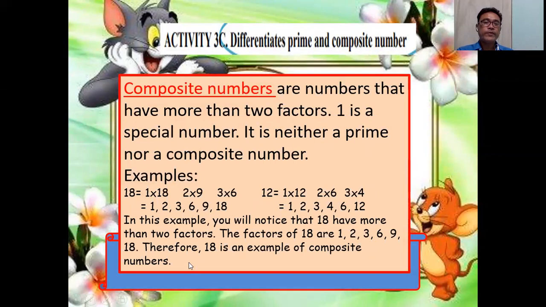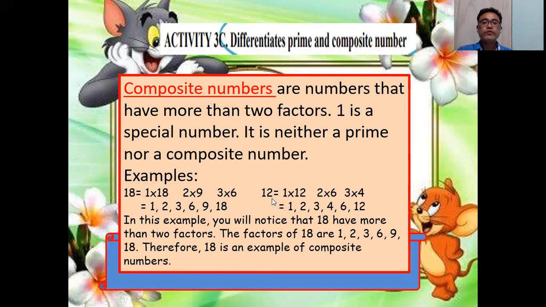In this example, you will notice that 18 has more than 2 factors. So how many factors? We have 1, 2, 3, 4, 5, 6. So 6. That means more than 2 factors. Therefore, 18 is an example of a composite number.